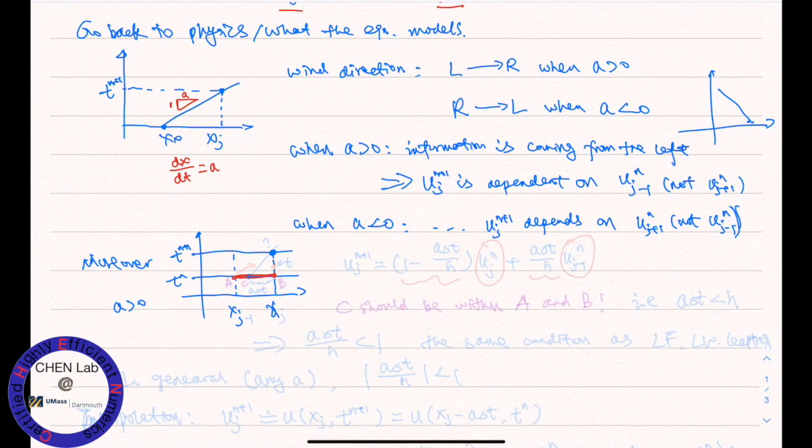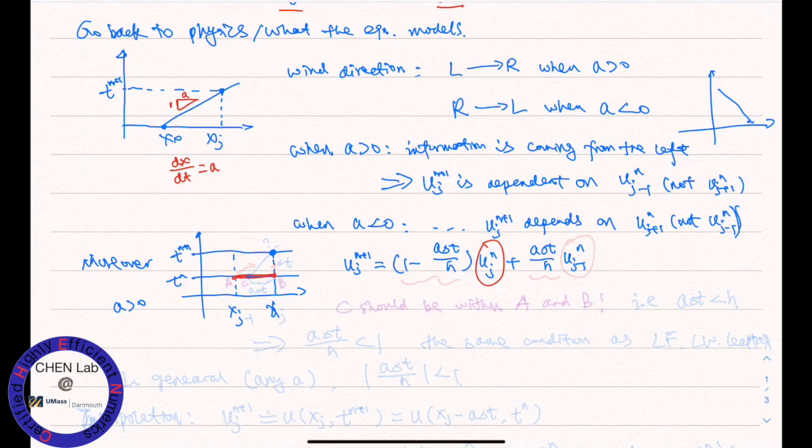When a is larger than 0, you should use u_{j-1}. So the scheme is u_j^{n+1} = (1 - a Δt/h) u_j^n + a Δt/h u_{j-1}^n.